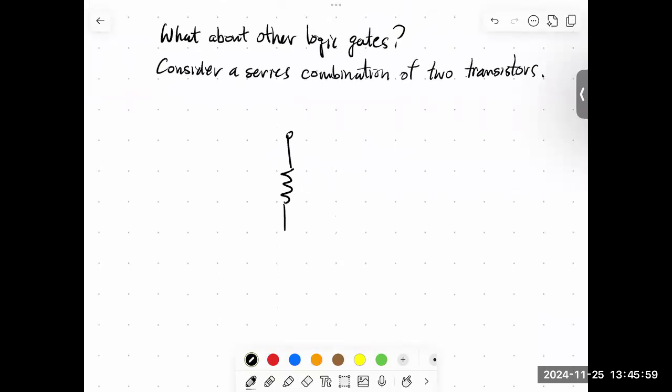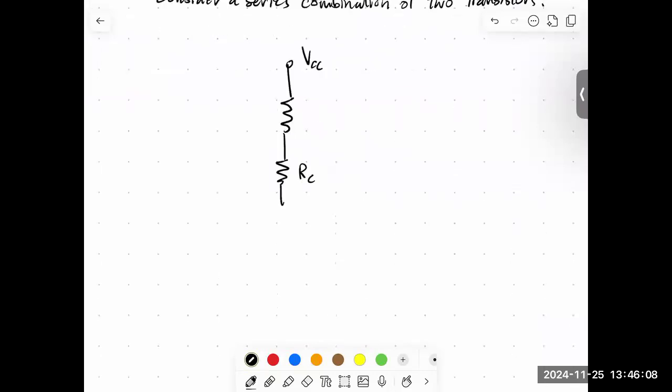We're gonna have VCC up here, and then we'll have our collector resistor, RC. Then we'll have our transistor, and then we'll have our base and an input, right?